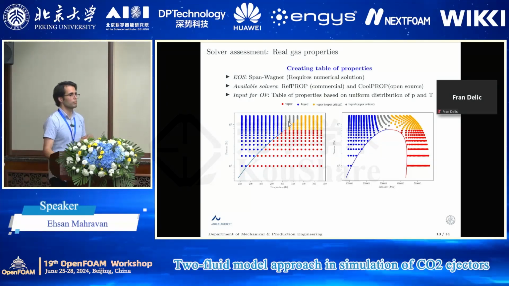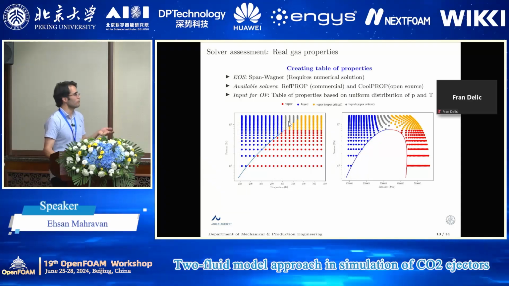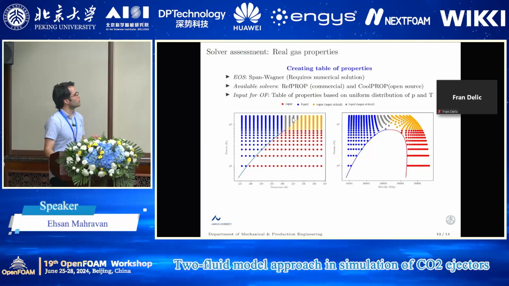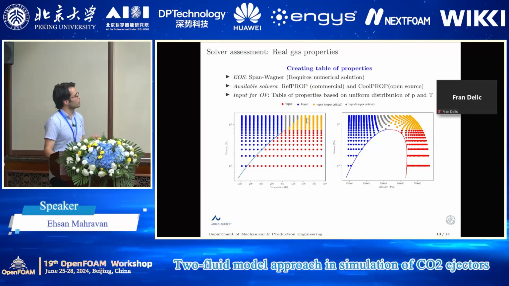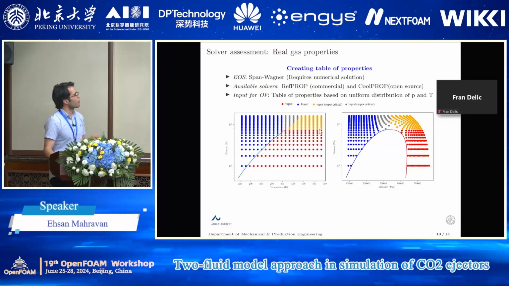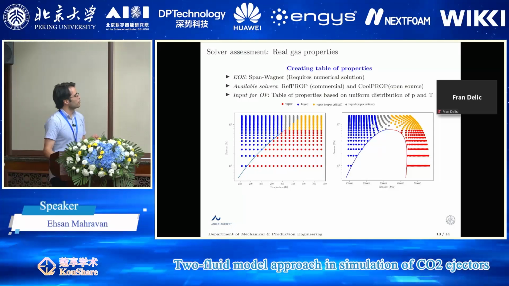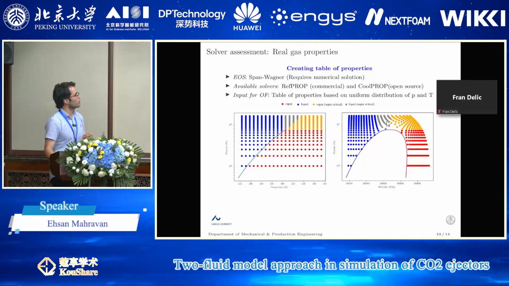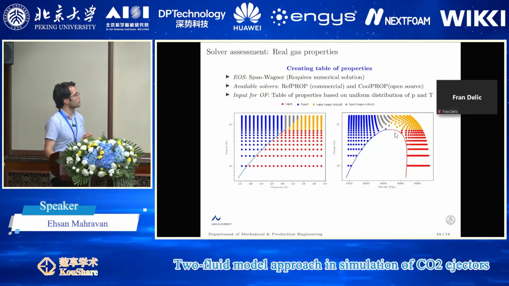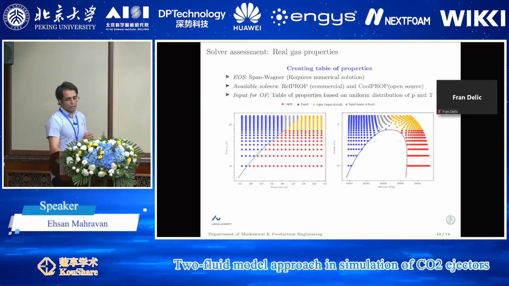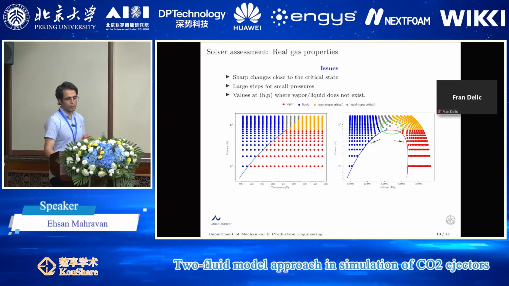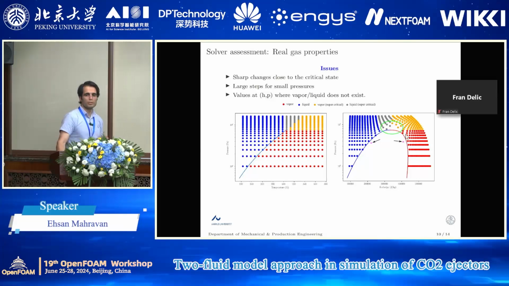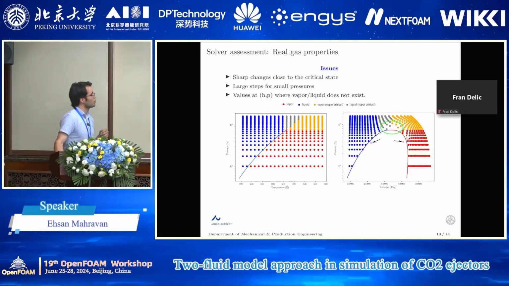The solver doesn't know about that. We have to define liquid and vapor. So define this region to be liquid and this region to be gas. And then for different purposes, we have different distributions, of course, but the thing that most of them have in common is that close to the critical region, the change in the properties is pretty sharp.